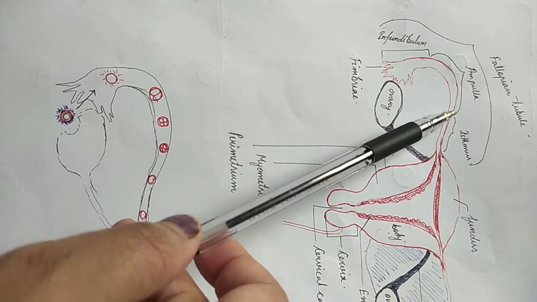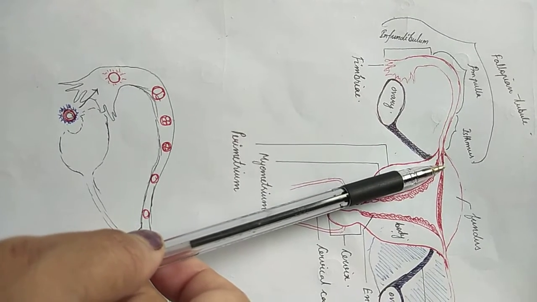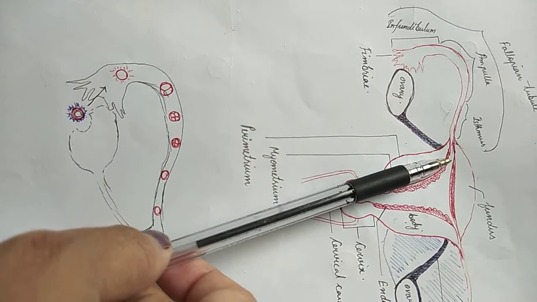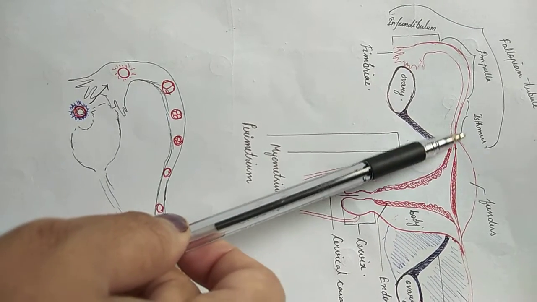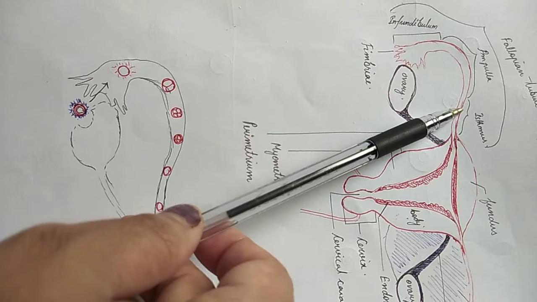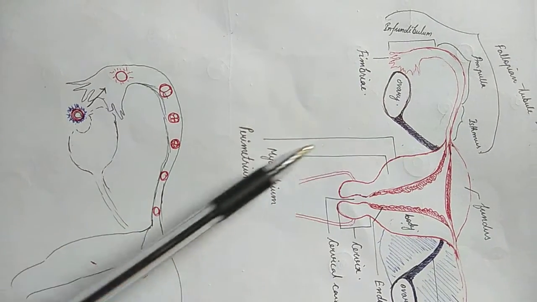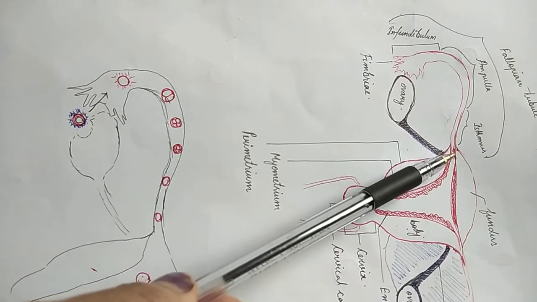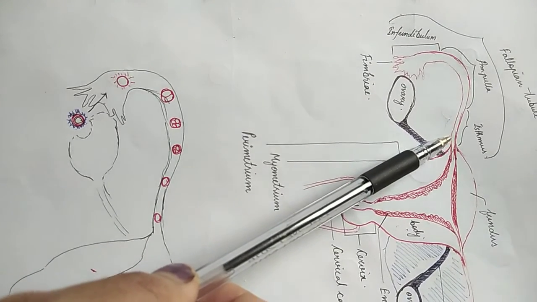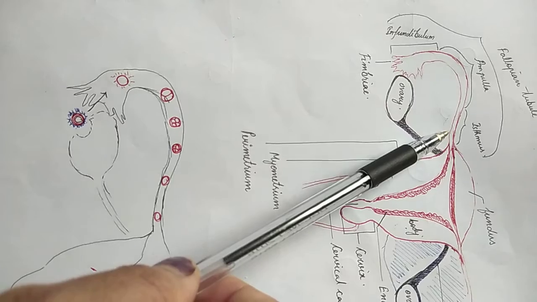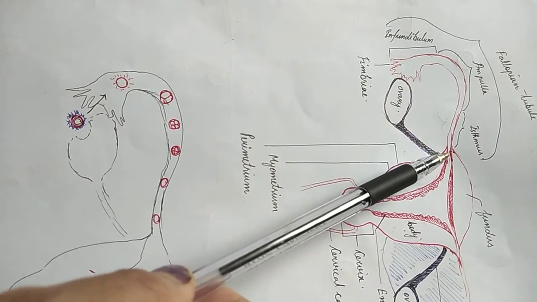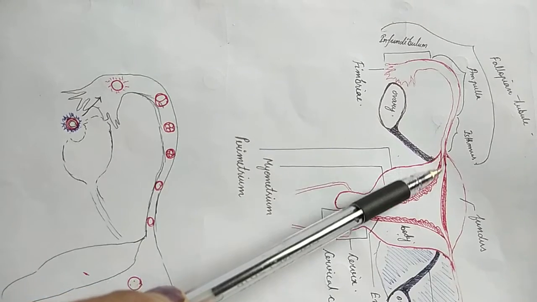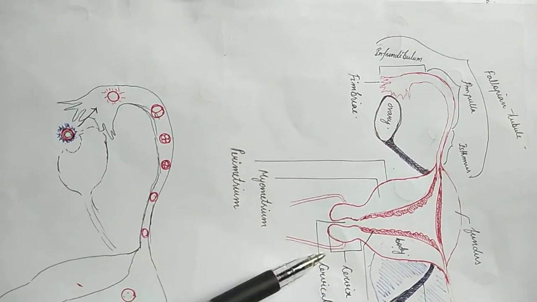The ampulla leads to a very short, narrow, thick-walled, straight part known as isthmus. Then the isthmus opens into the uterus by a narrow tube called the uterine part, which communicates with the uterine cavity.